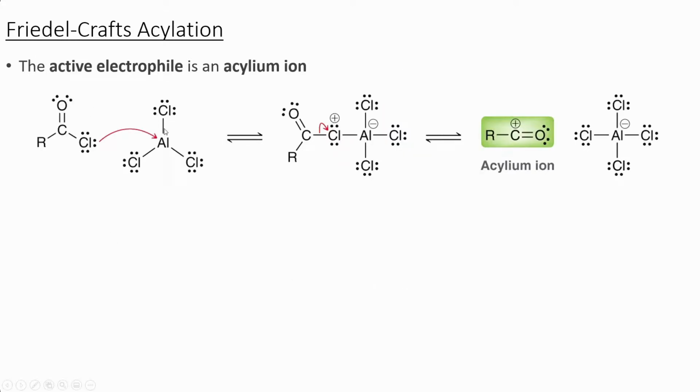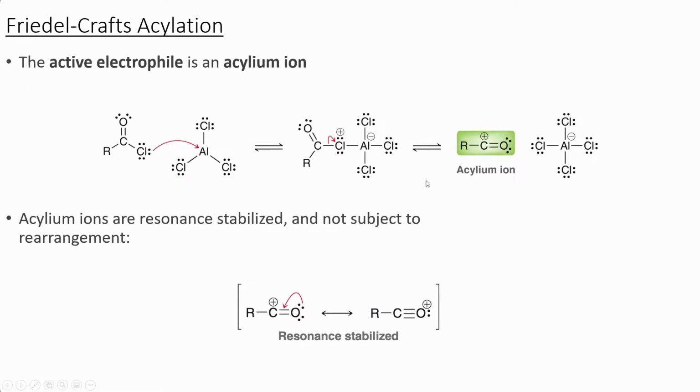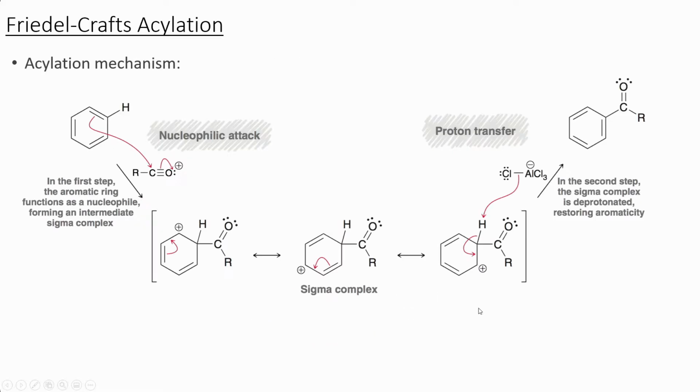So first the chlorine attacks the aluminum, creates this intermediate, which then breaks the carbon-chlorine bond and forms the acylium ion. The acylium ion is resonance stabilized, so it will not rearrange, and it gives us a very electrophilic carbon. We then can undergo the standard Friedel-Crafts acylation mechanism.